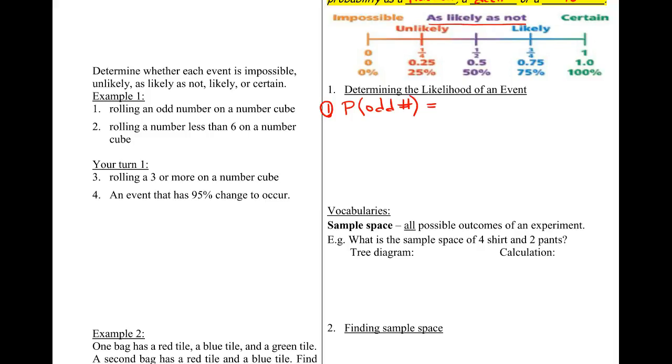On a number cube, and that's just like a dice, there are 3 odd numbers out of 6 total, which simplifies to 1/2, or 50%, or 0.5.